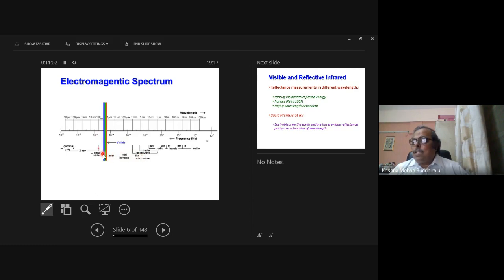In some of these wavelength bands, data is collected for Earth observation and applications. On the left side, this portion is used for studying other planets, stars, and far distant galaxies. And on this side, we use them for medical applications, for ship-to-shore communications, and some others.